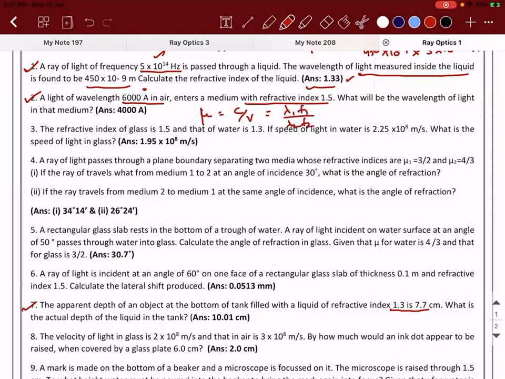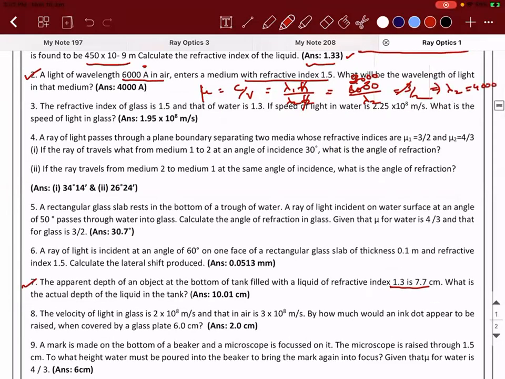One important point to be noted is that when the light travels from one medium to another, its frequency will not change, because the frequency is a characteristic of the source. So lambda 1 by lambda 2: lambda 1 is 6000 divided by lambda 2 is equal to 3 by 2. Cancel this, it will go 2000 times, which implies lambda 2 is equal to 4000.